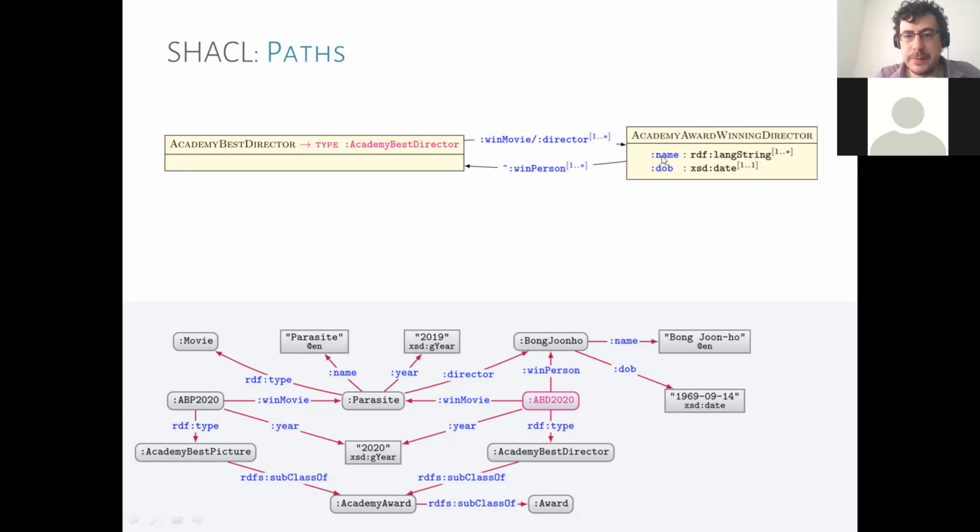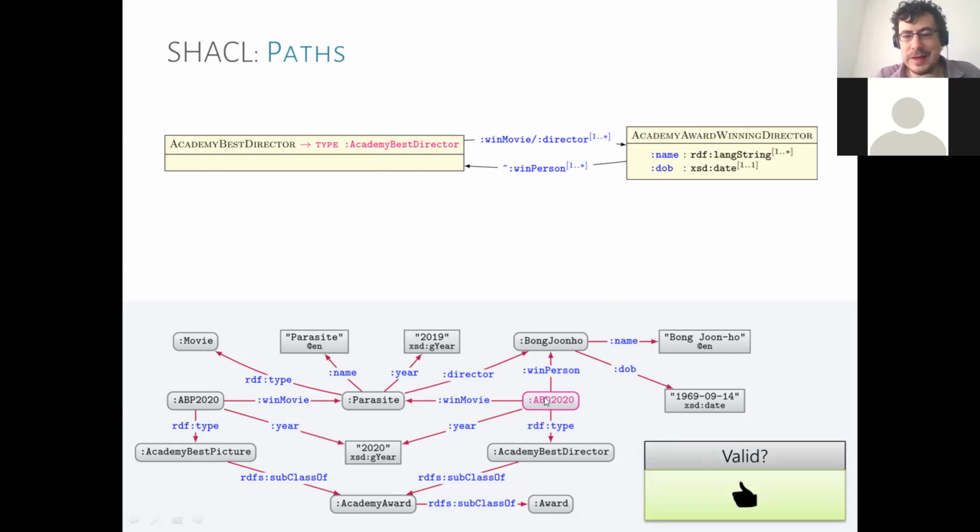So then from there, we must go in the other direction, and we must say that this winner must have a name and a date of birth, and must have an inverse link to Academy Best Director, which we see here. So we say that it satisfies the shape.